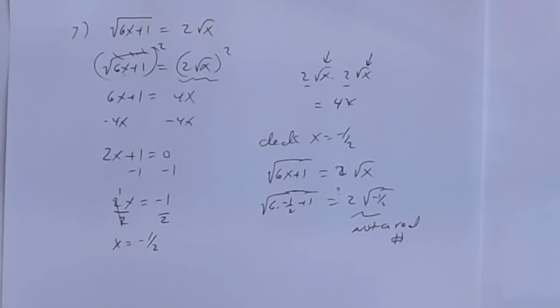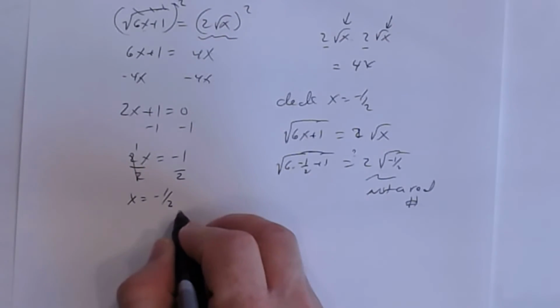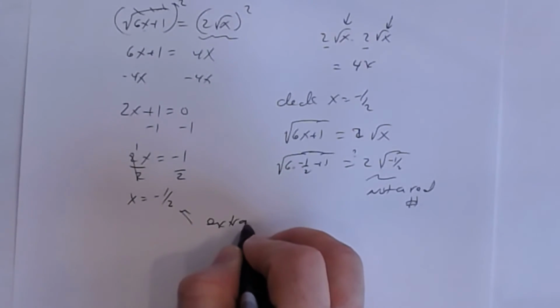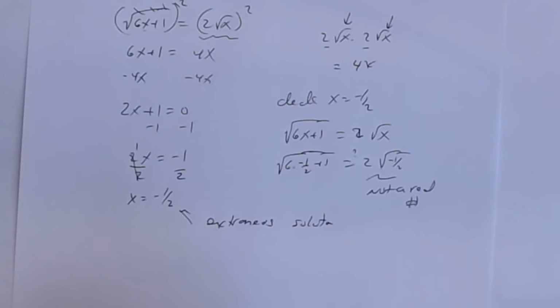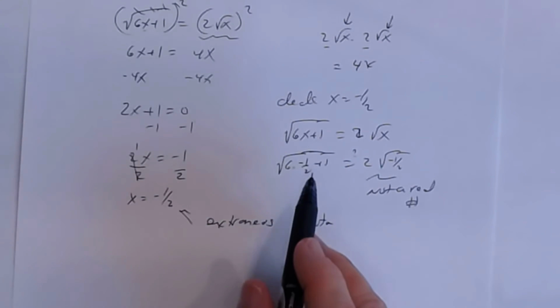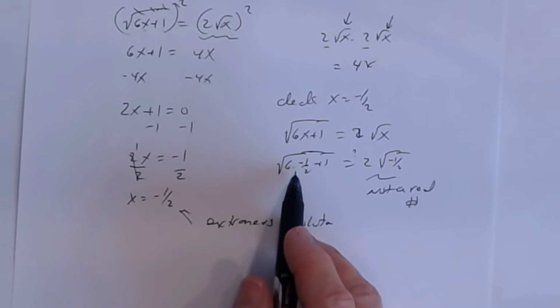Okay, that's not a real number. So x equals negative 1/2 is an extraneous solution, because this is not a real number. And this is not a real number either, because look, 6 times a negative 1/2 is a negative 3.